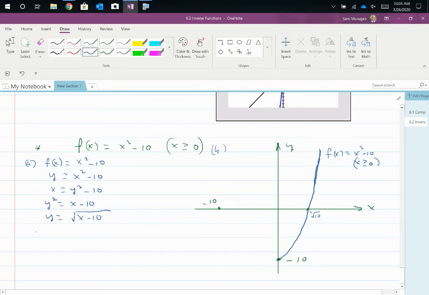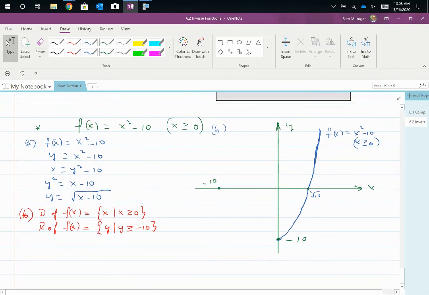Just keep in mind here about the domain and range. The domain of the original function is all x such that x is greater than or equal to 0. And the range of f of x is equal to all y such that y is greater than or equal to negative 10.